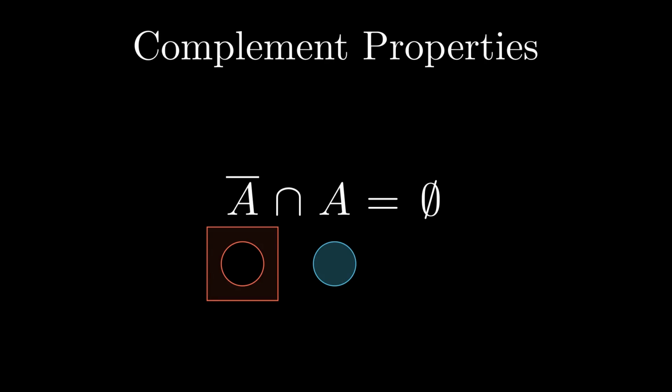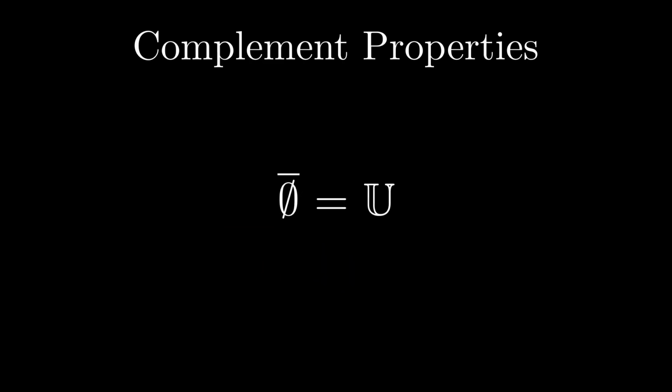This is because we're trying to find the common ground for every element in a set and every element not in a set. This can be extended to the universal set and the empty set. The complement of the empty set is the universal set, and the complement of the universal set is the empty set.